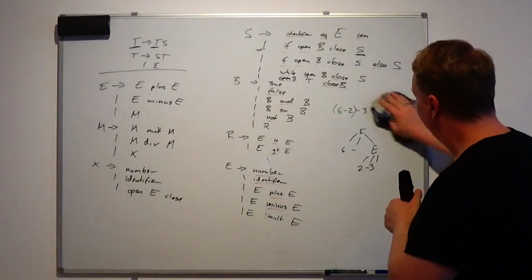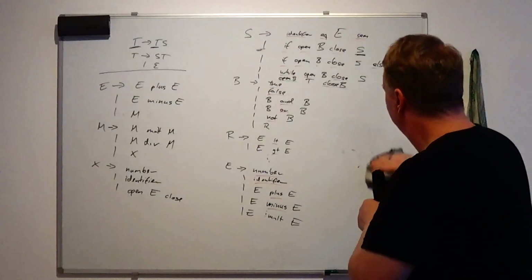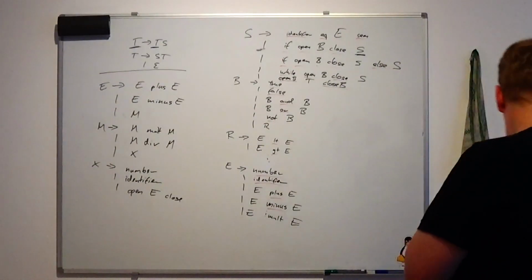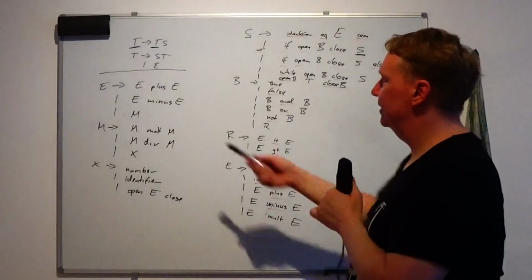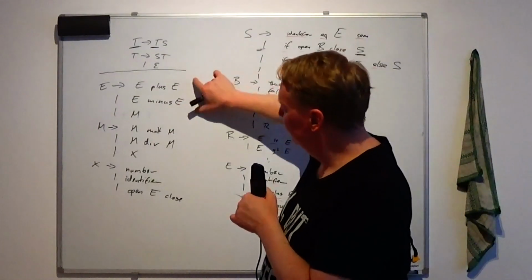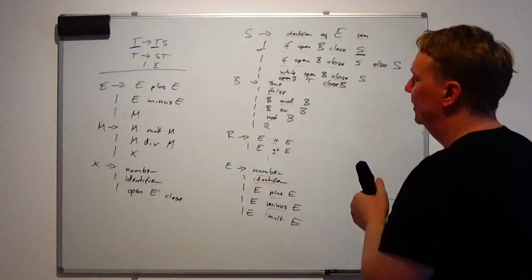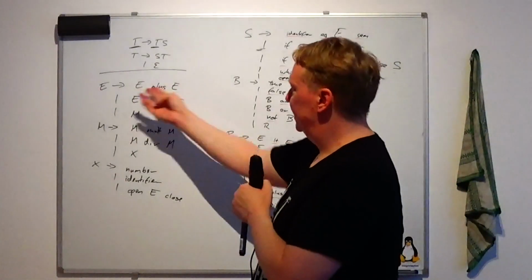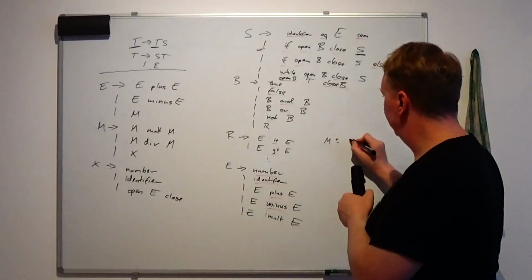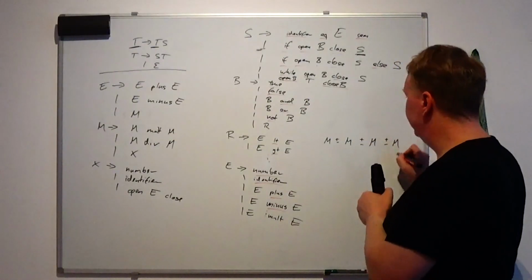Again, compiler generators also allow you to define the associativity of operations. But again, I think it's more elegant to do this here a little bit differently. In the end, what we are generating here is a sequence of m plus or minus m plus or minus m plus or minus m.